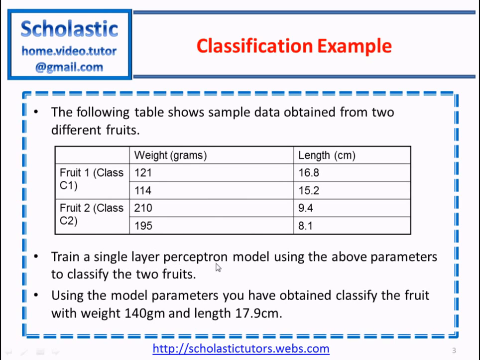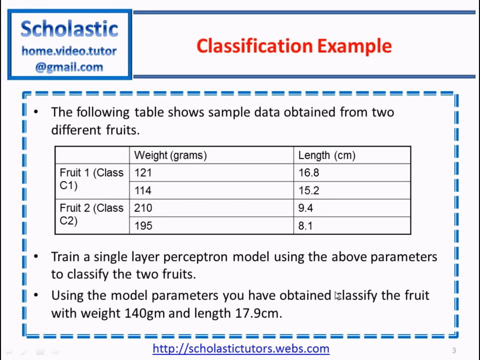Train a single layer perceptron model using the above parameters to classify the two fruits. Then, using the model parameters you have obtained, classify the fruit with weight 140 grams and length 17.9 centimeters.